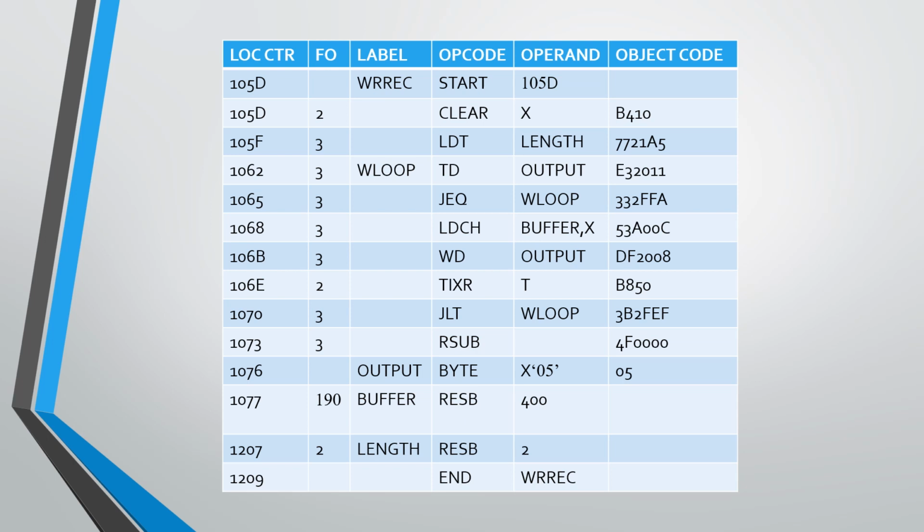So we have found the object code for every location counter, and we are not going to write object code for END and RESERVE bytes, and the BYTE object code is 05, which is given in the question itself.